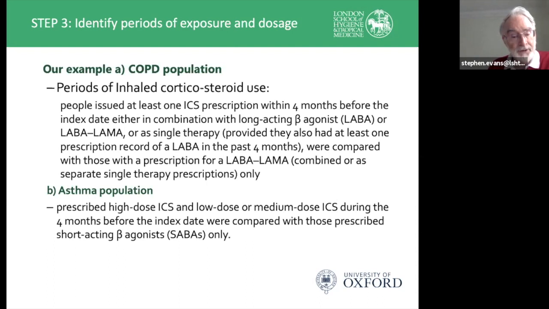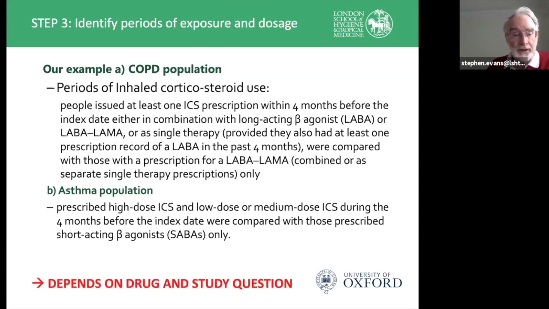The asthma population don't have quite the same drugs in the background, and there we have prescribed high and low dose or medium dose of inhaled corticosteroids in the 4 months before we begin follow-up, compared with those prescribed short-acting beta agonists only. So the way that we define periods of exposure and dosage will depend on the drug and the studied question.